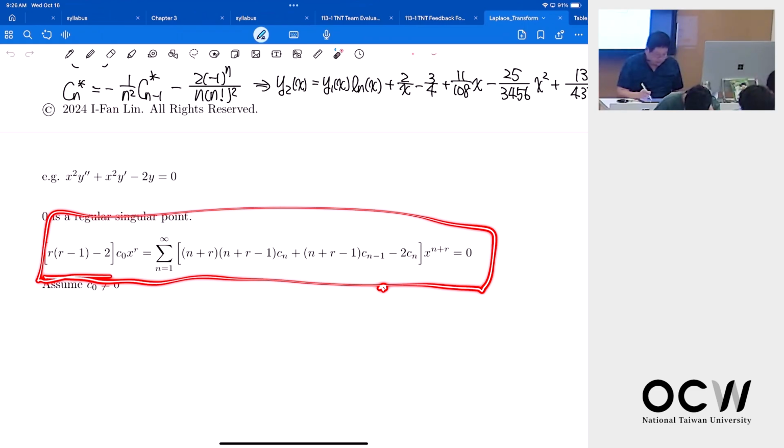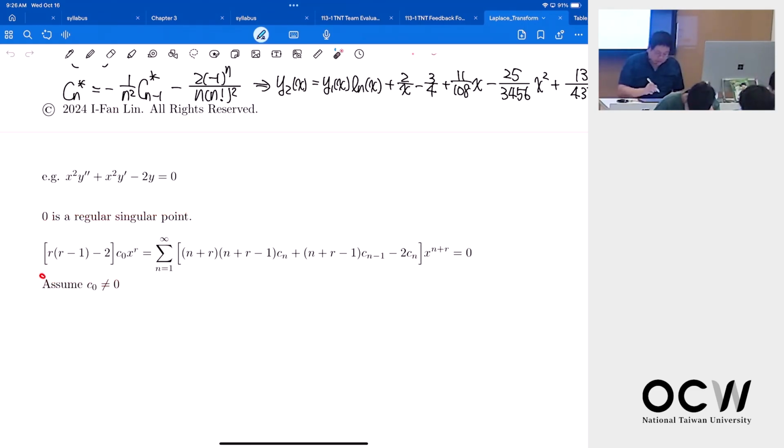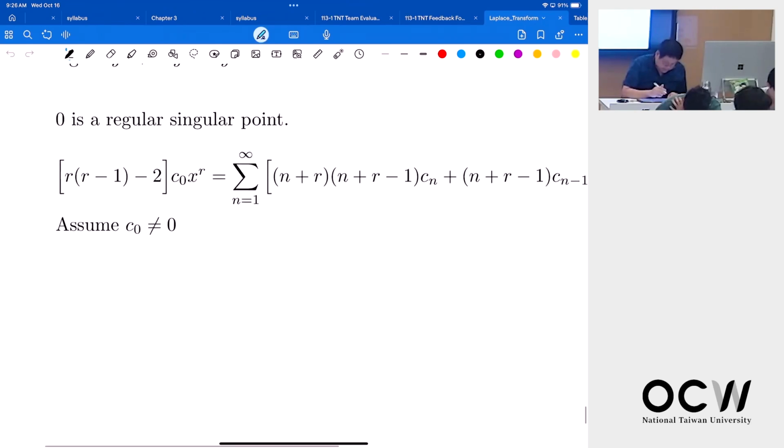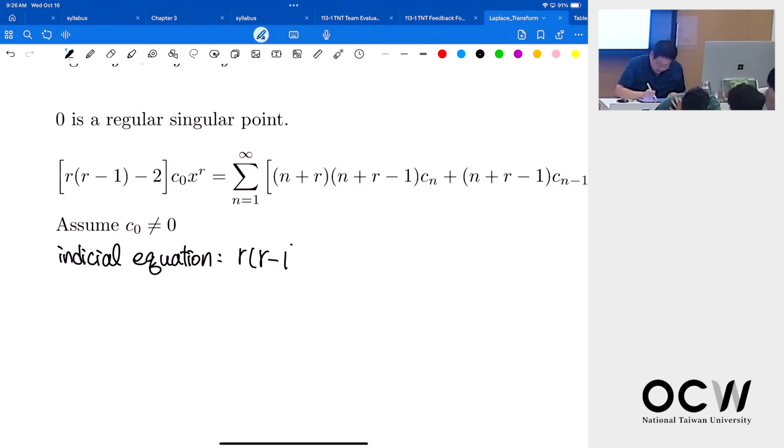All right. So suppose now you know this equation, and we assume that C naught is not 0. Then here we have an indicial equation, right? The indicial equation is r minus 1 times r minus 2, and this should be 0.